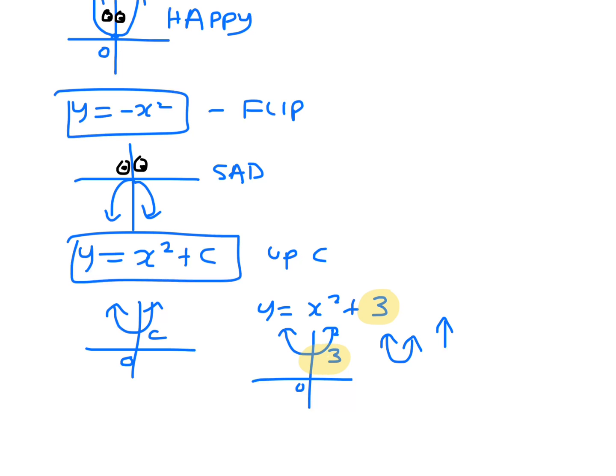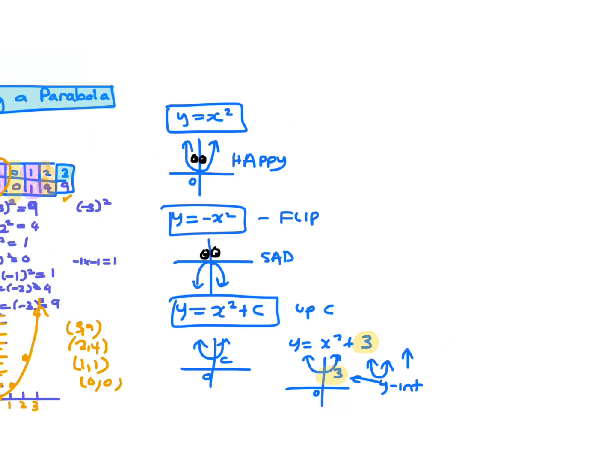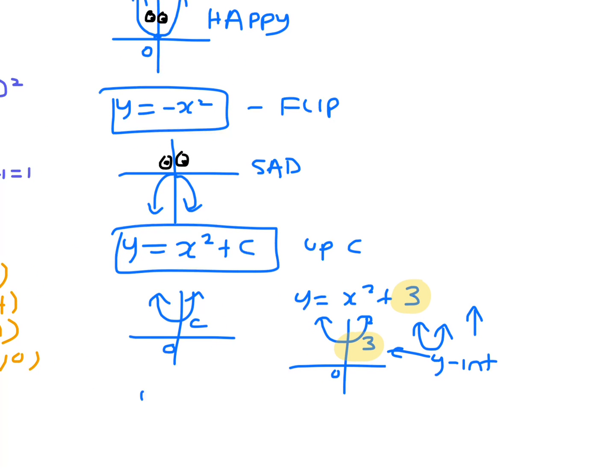That 3 is called the y-intercept, where it cuts the y-axis. So just write: the y-intercept will always be equal to c, and it is basically where you cut the y-axis.